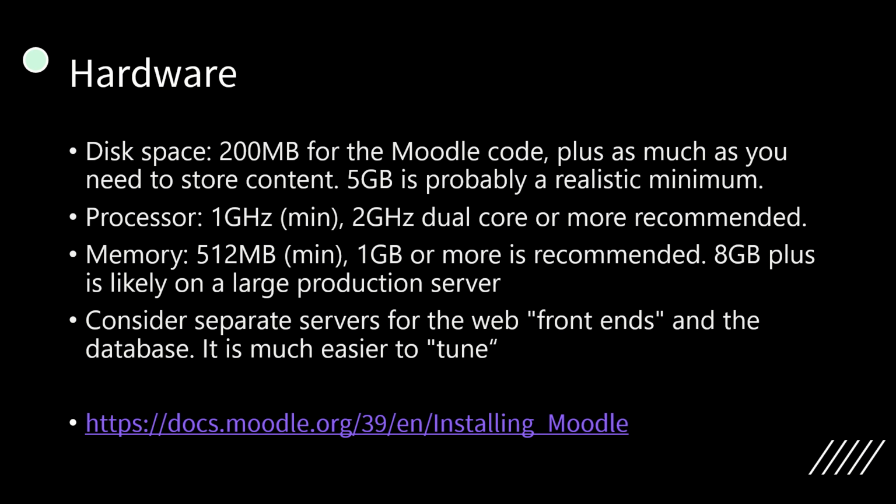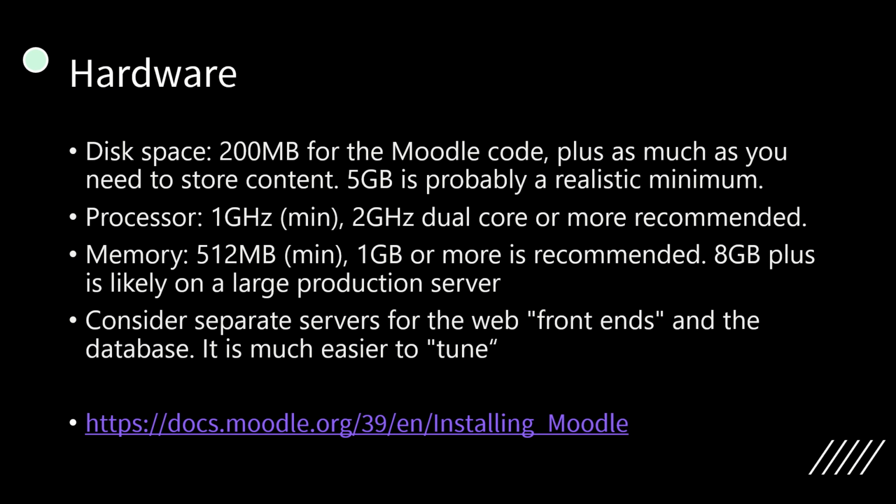So what is the hardware part? Disk space is 200 MB for the Moodle code, plus as much as you need to store content. 5 GB is probably a realistic minimum. For processors, a dual core processor is recommended.